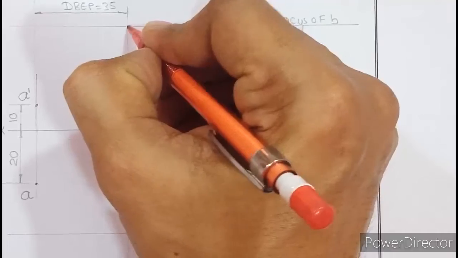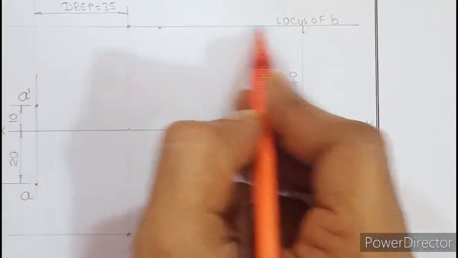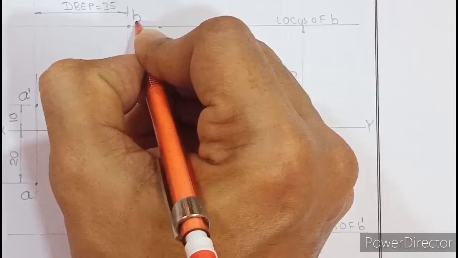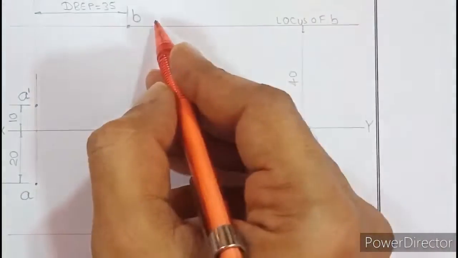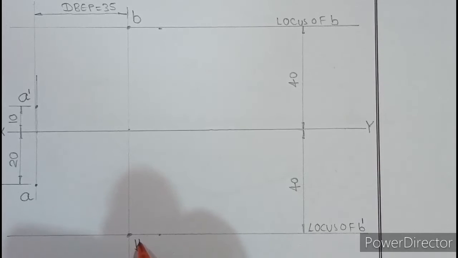So wherever this DBP intersects the locus, these are the 2 points what I am highlighting. So because this point lies on the locus of B, don't mark it as B dash by mistake, it has to be B. Because on locus of B, B dash cannot lie. Similarly on the same projector, this is B dash. So we have plotted all the linear data.